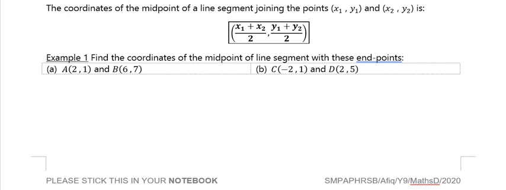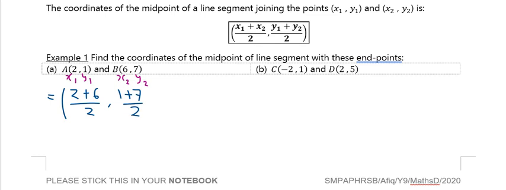So the first thing that you have to do is to label each point. The first coordinate is A, so just label it x1, y1, and B is 6 for x2, and then 7 is y2. Then you just plug into the formula: x1 plus x2, which is 2 plus 6, everything over 2, and then comma, the second one is 1 plus 7, everything over 2.